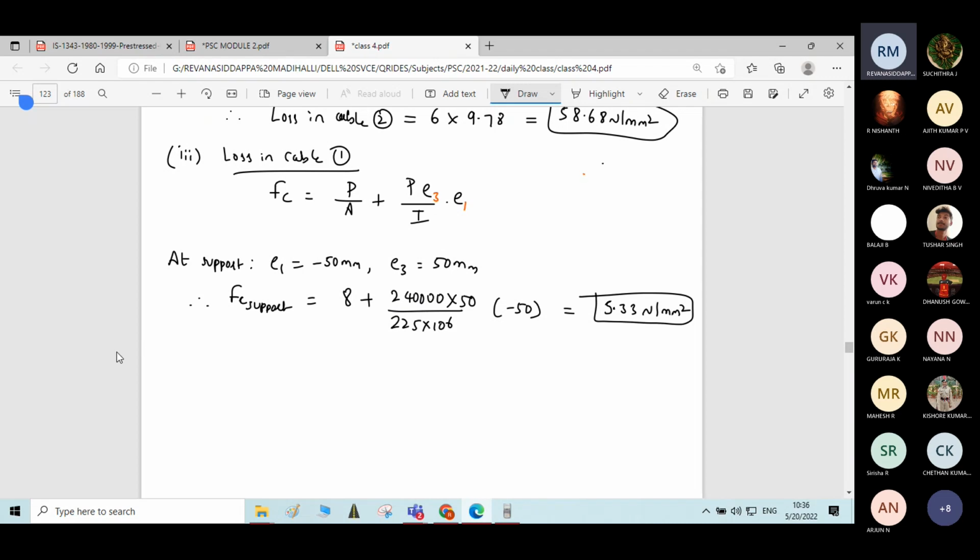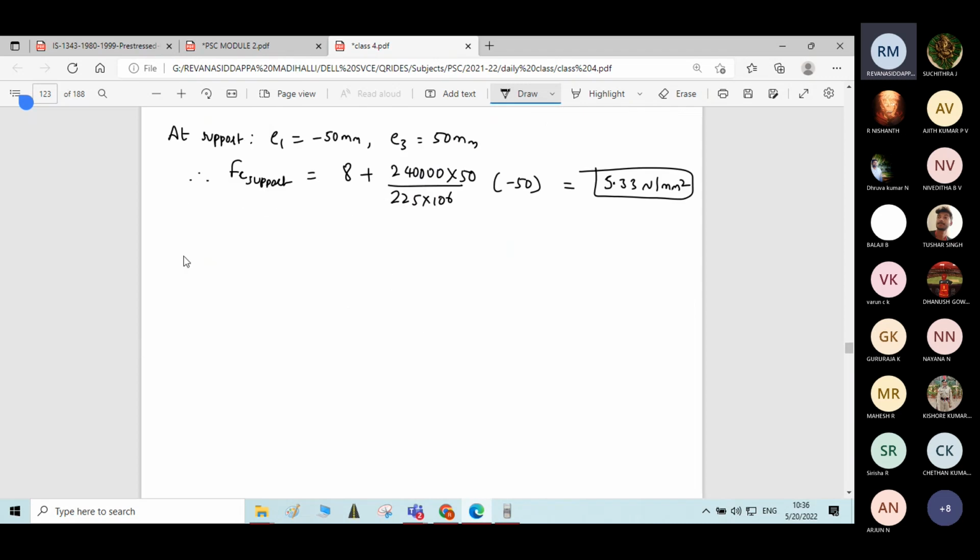Similarly, at midspan, both E1 and E3 are 50 mm only. Therefore, FC at midspan is equal to 8 plus 240,000 divided by 225 into 10 power 6 into 50 into 50.